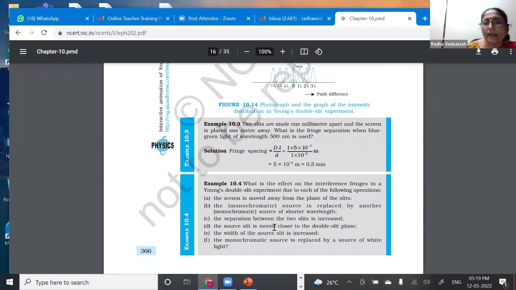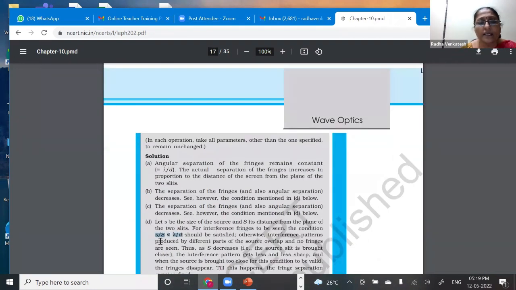But you will be able to see the decrease of the fringe pattern only till this condition is satisfied. Lambda by d will change, and what is the condition? s by S should be less than lambda by d. Only then interference patterns will be seen. You cannot simply change d to any value and say interference will be seen.